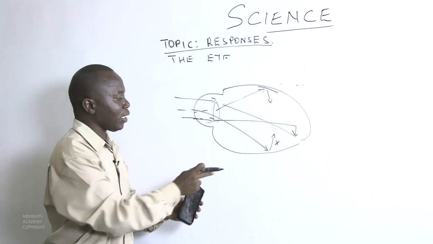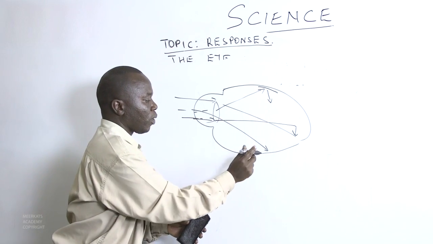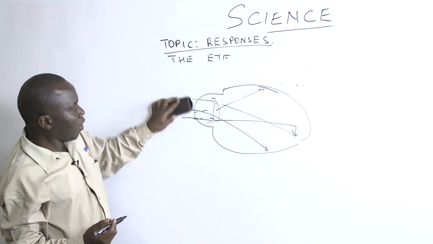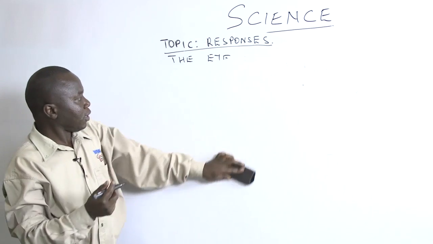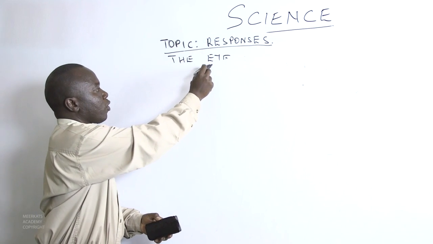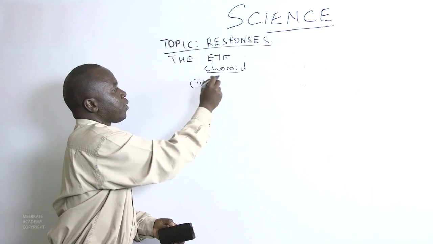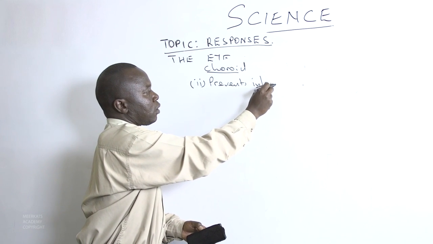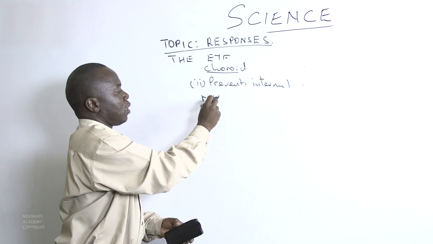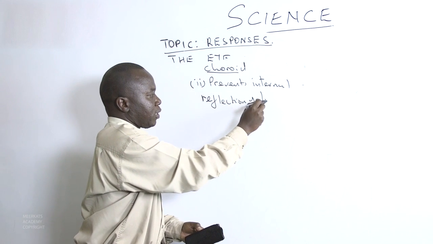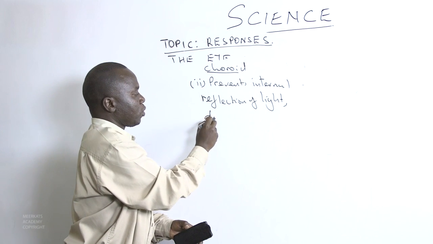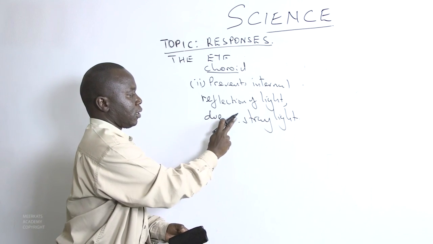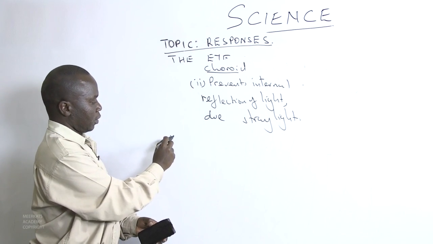So the light that falls on the choroid layer will not be reflected internally because it has been absorbed. So the second role of the choroid is that it prevents internal reflection of light due to stray light.